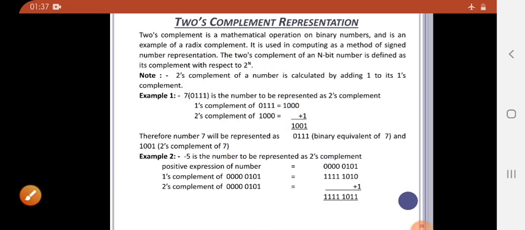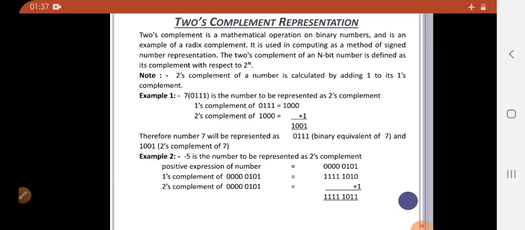Next example. Minus 5 is the number to be represented as 2's complement. That previous number was a positive number. Now this number is a negative number. For a positive expression, the same procedure we have to do.